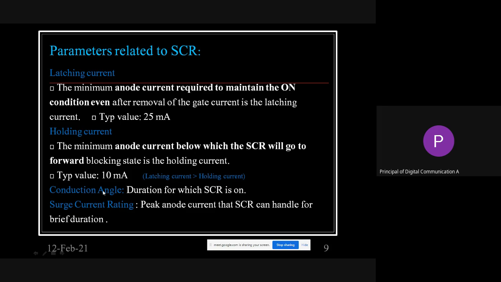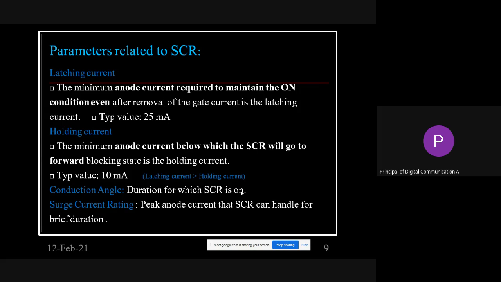The conduction angle is nothing but the duration for which the SCR is on. आता अँगल तुम्ही म्हणताय आणि इकडं ड्युरेशन पण म्हणताय, म्हणजे टाइम. So angle and time are correlated. जर तुम्ही इनपुट व्होल्टेज साइन वेव्ह दिली, which consists of positive and negative, तर त्याच्यामध्ये अँगल वापरला जातो.